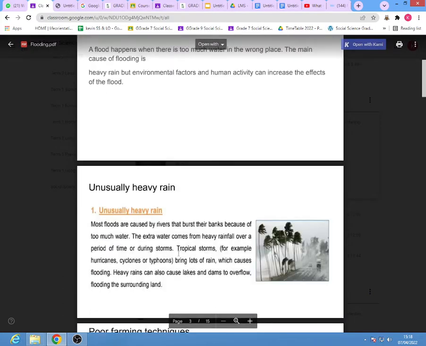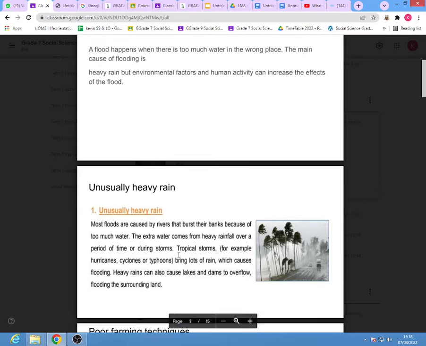So first of all, the number one cause of flood is unusually heavy rainfall. Most floods are caused by rivers that burst their banks because of too much water. Let's say all of a sudden there's too much rain, and the dams are not able to hold the levels of water that would have risen on that day, and when they burst, it causes flooding, right?